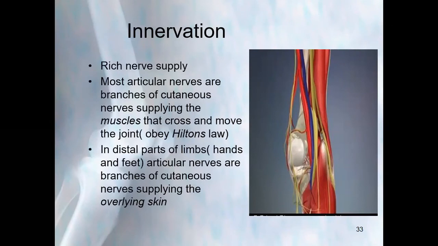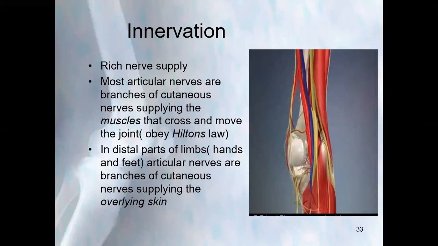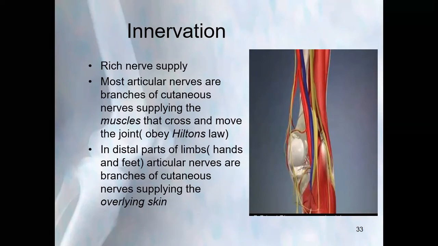Innervation of the joint, or nerve supply of the joint: an important thing is that the joint is supplied by the artery and by the nerve. Hilton's law says that the nerves which cross the joint will also supply the skin over the joint, the muscle over the joint, and the joint itself.